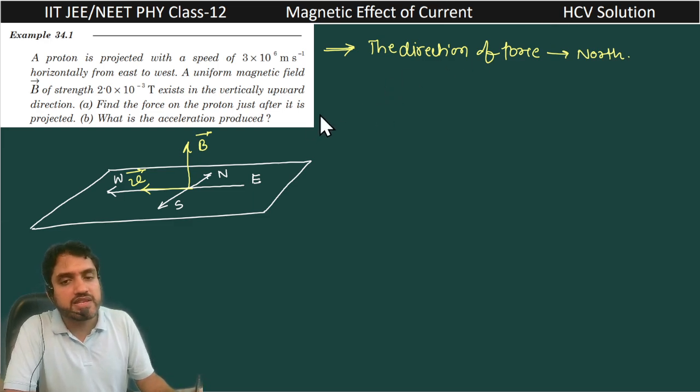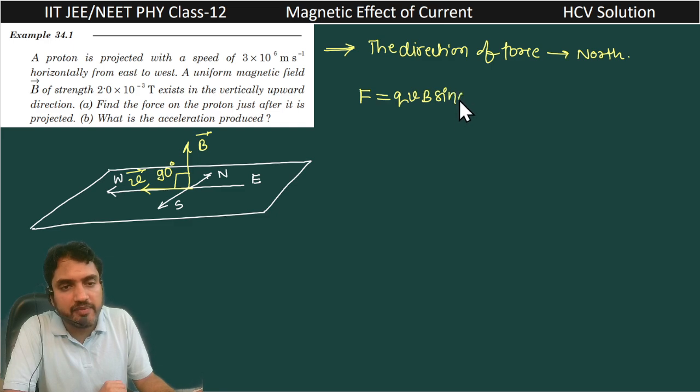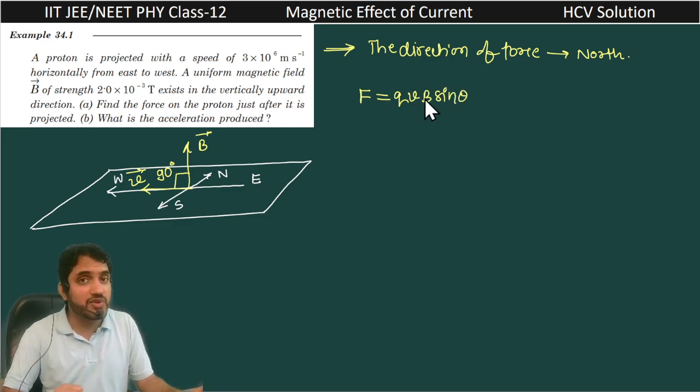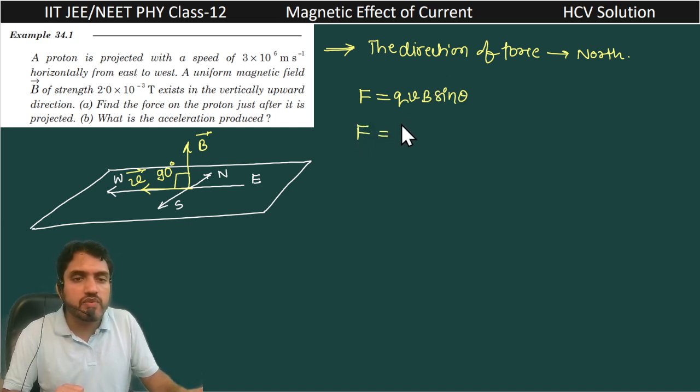Since the angle between magnetic field and velocity vector is 90 degrees, you can use the magnitude of magnetic force, that is QVB sin theta, and theta is equal to 90 degrees. So F is equal to Q, the charge on the proton.